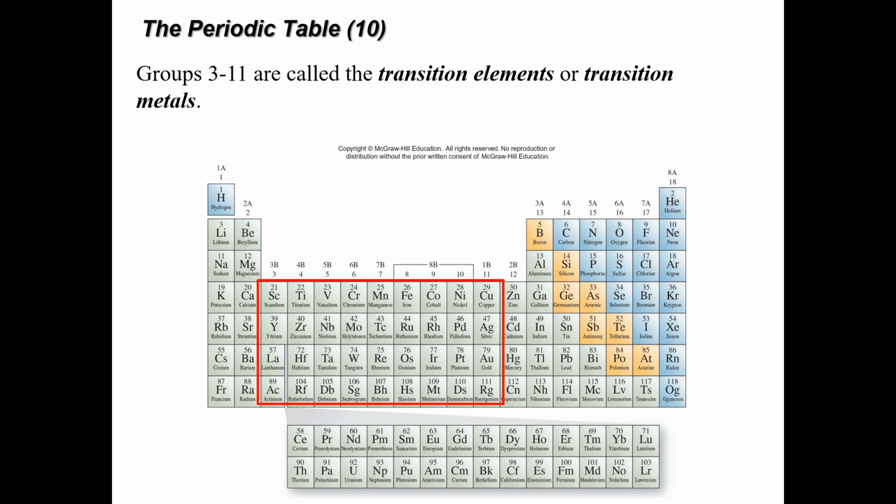There is a much greater variety of metals on Earth, and very few non-metals. And then there are some metalloids also.